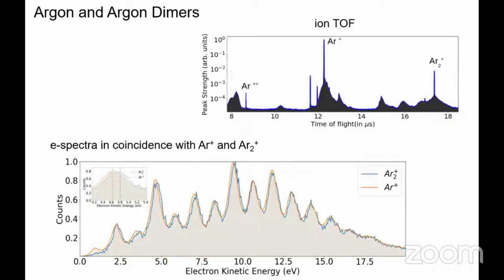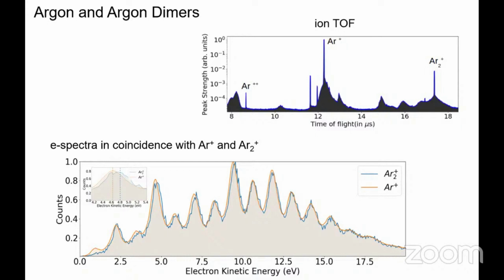Okay, let me start with the first topic, the argon dimer. So we look at the photoelectrons in the presence of the high harmonics and the IR, and we can select the electrons from the monomer or from the dimer. And as you can see here, they overlap, and you see a tiny shift.